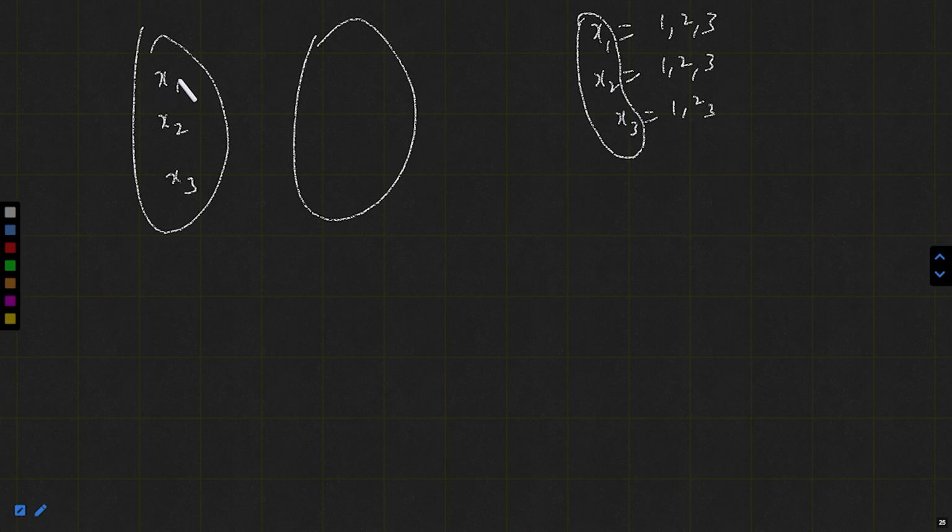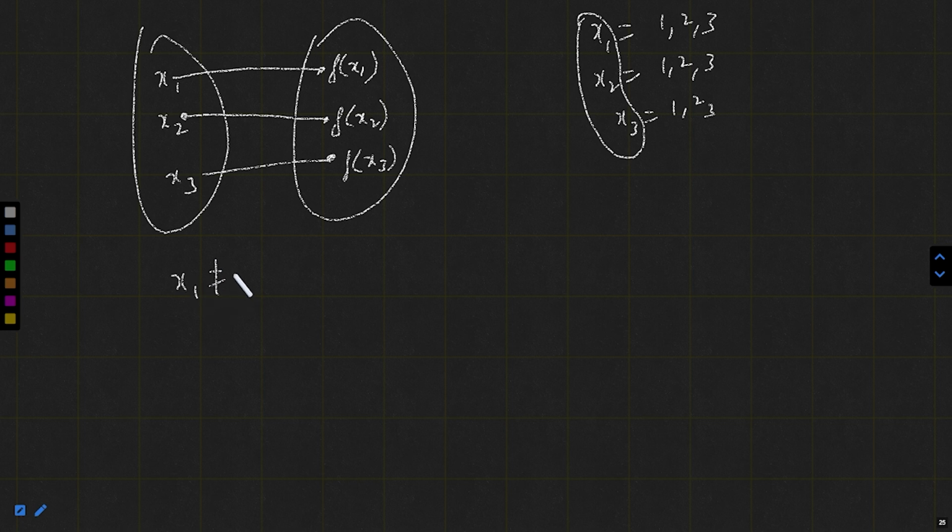Then x1 must be associated with what element? f(x1). Yes, because they are one-one. Then x2 must be associated to f(x2), x3 must be associated to f(x3), and we know x1, x2, x3 are not equal to each other.